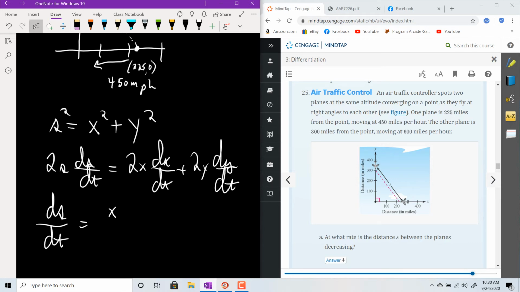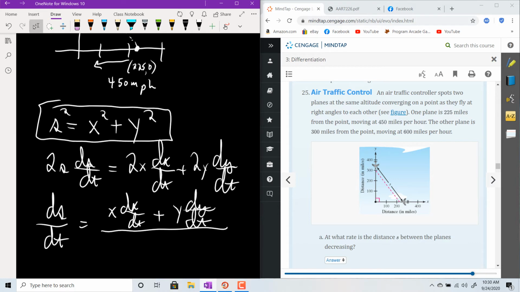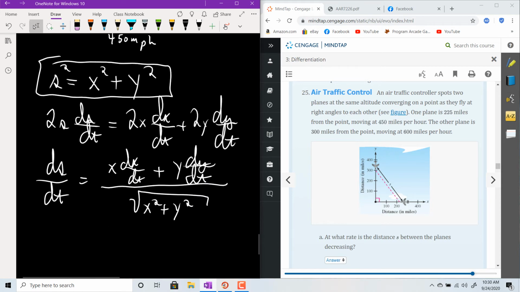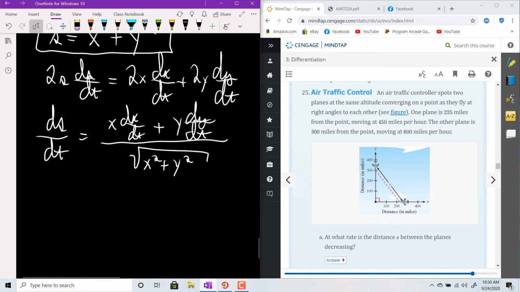So you end up with x dx over dt plus y dy over dt all over s, which is equal to, if you use this formula, the square root of x squared plus y squared. Okay, so I get a nice formula for the rate of change of the distance between the two planes, completely in terms of x and y. Right?